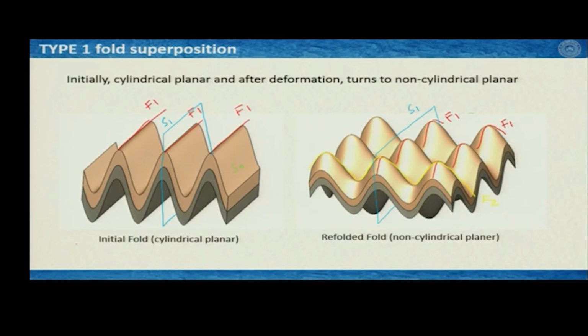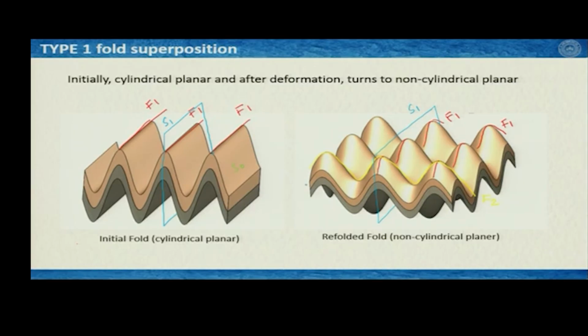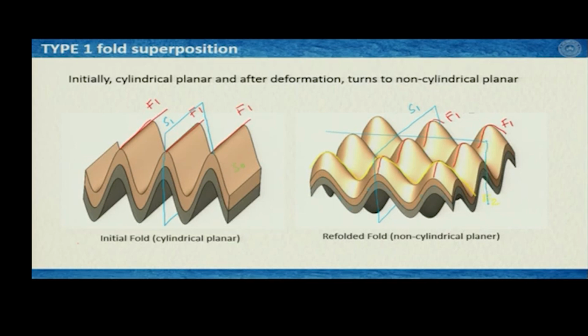What is also important, that if I try to draw the S2, this section you are looking at is parallel to S2. However, if I try to draw it, the S2 would appear something like that.